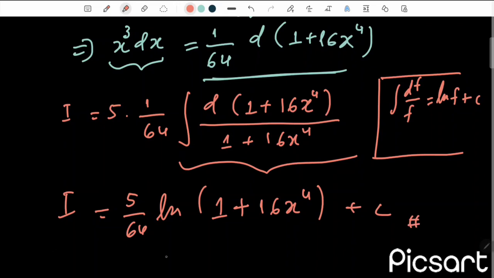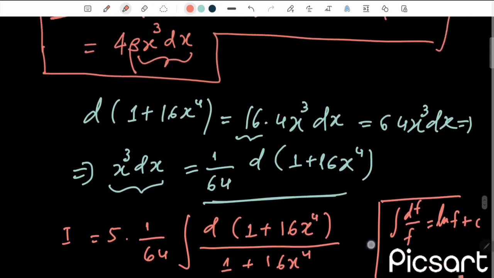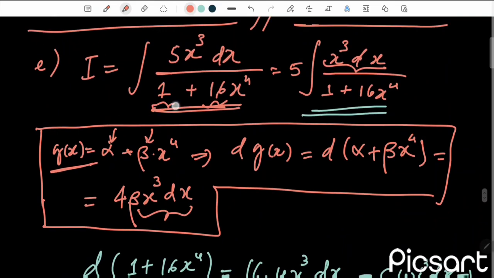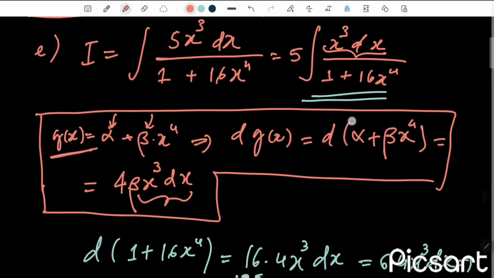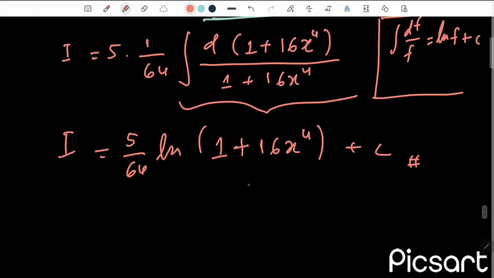If we take the derivative of this expression, we must get the original problem. The derivative of the ln is equal to 1 over its argument, and the derivative of this argument will be equal to 16 times 4 times x to the power 3.